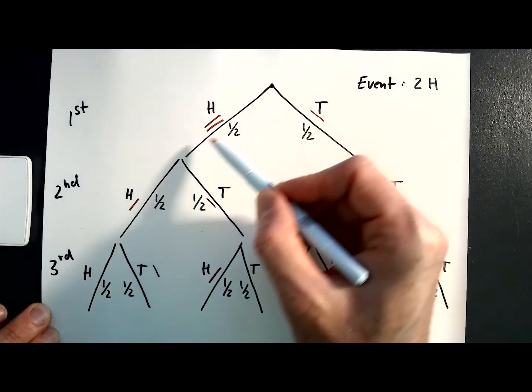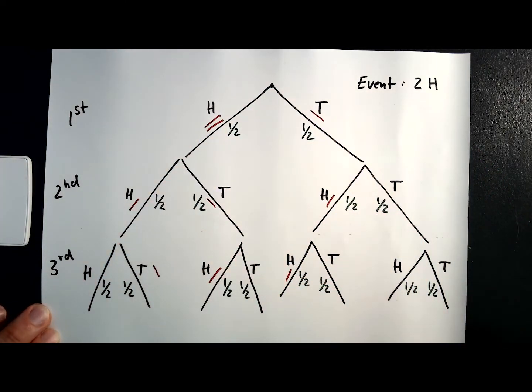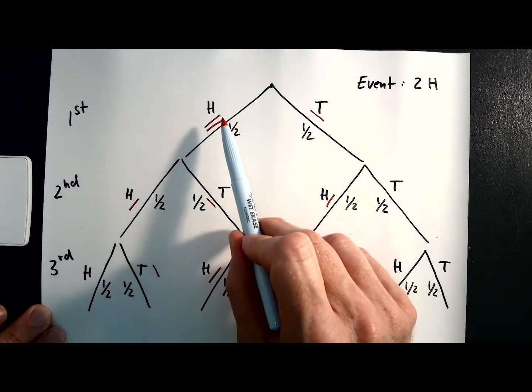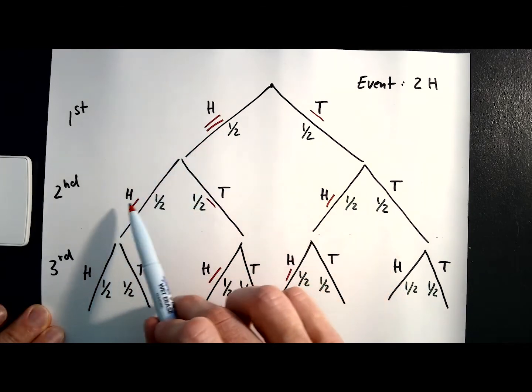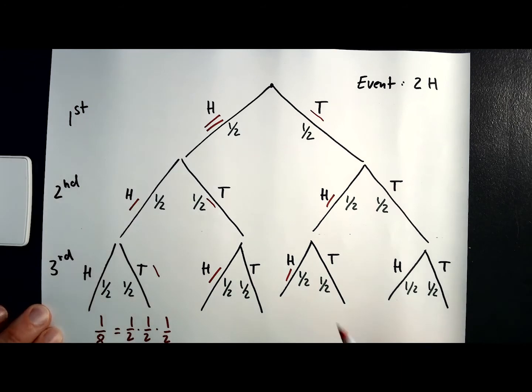Now, if you are going down a particular path in a probability tree, you are multiplying the probabilities. So obtaining heads, heads, tails is 1/2 times 1/2 times 1/2, which of course is equal to 1 over 8. This is what we have seen before.